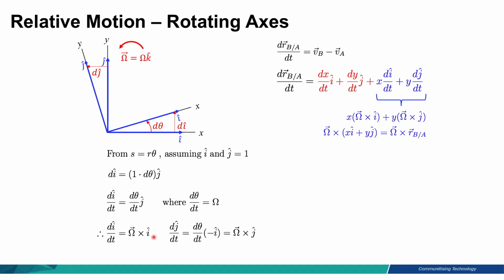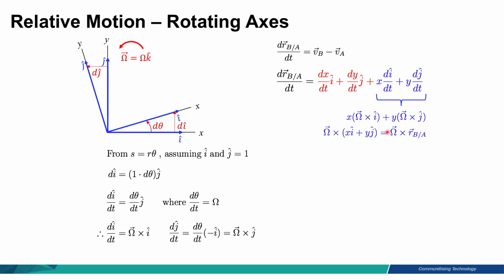So we can then substitute di/dt equals omega cross i and dj/dt equals omega cross j into this equation. Then we have x times capital omega cross i for this part, plus y times capital omega cross j for the second part. Then we can rearrange this equation to have capital omega cross (xi plus yj). And from our previous derivation, xi plus yj is equal to rB/A.